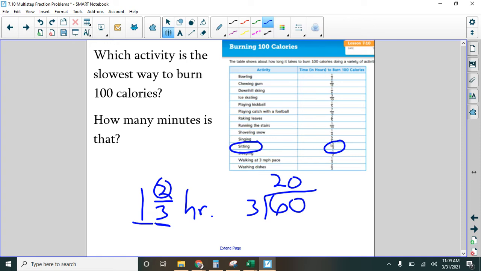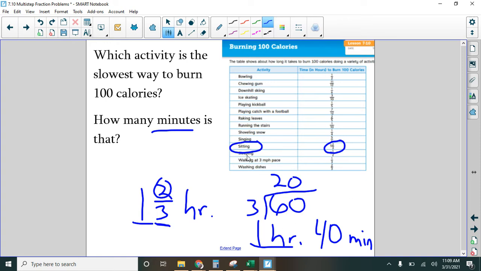So this is 1 hour and not 20 minutes, because that would be 1/3. 1 hour and 40 minutes. If I want to change that all into minutes, I would take 60 and add it to the 40 to get 100 minutes. So a long time to burn calories.